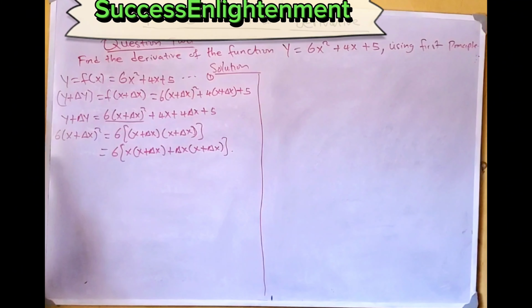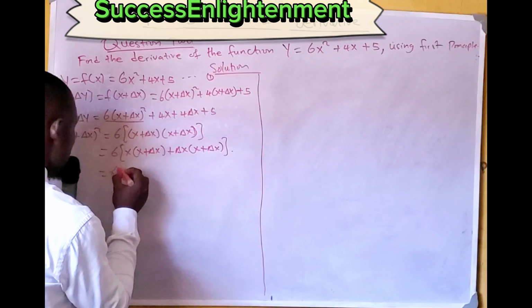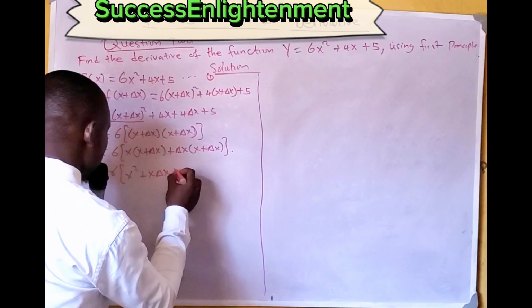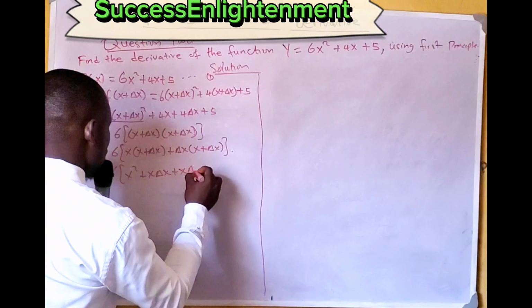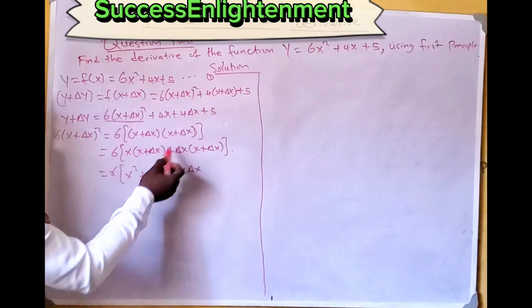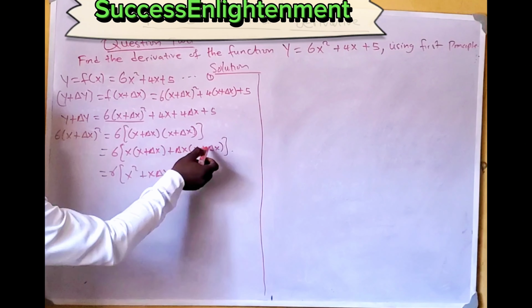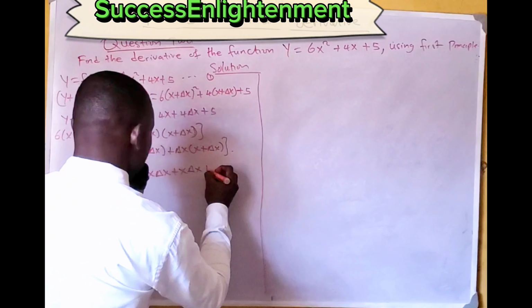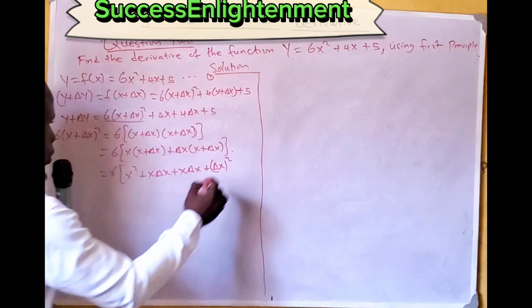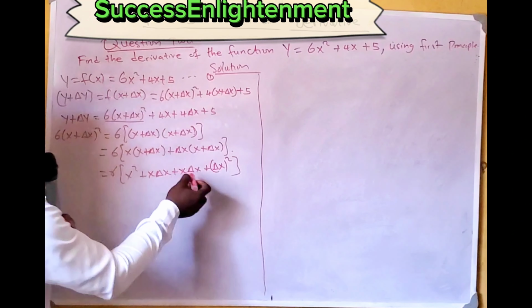Now we can multiply. We have 6 into x squared plus x change in x plus x change in x, that is x times x squared, x times change in x, change in x times x, plus change in x times change in x, that's change in x squared. These are together, so we can collect like terms and add them.